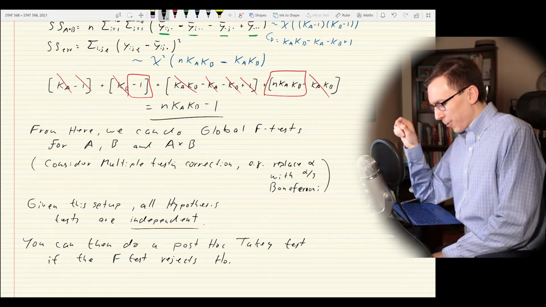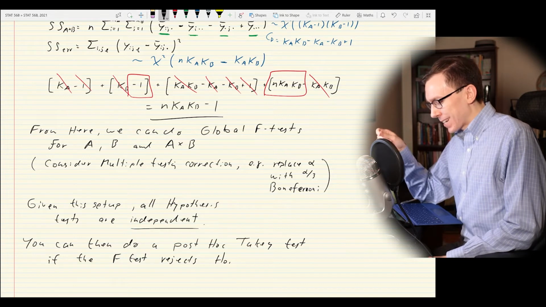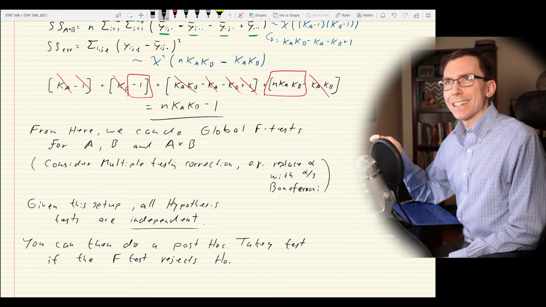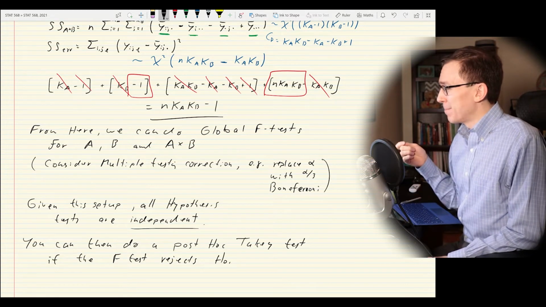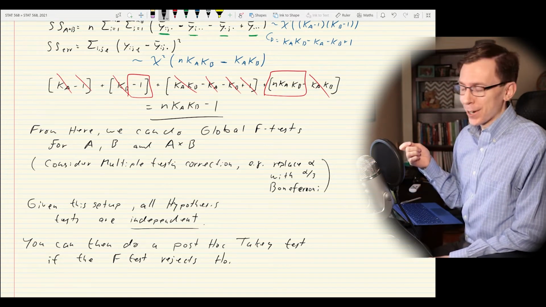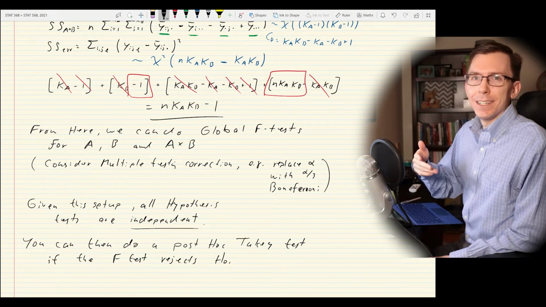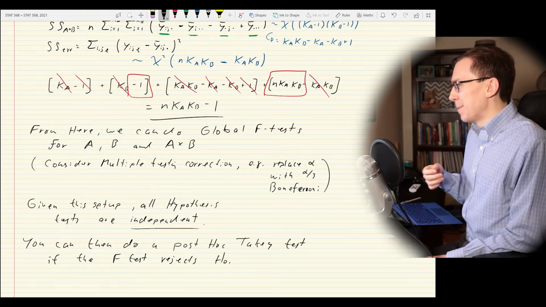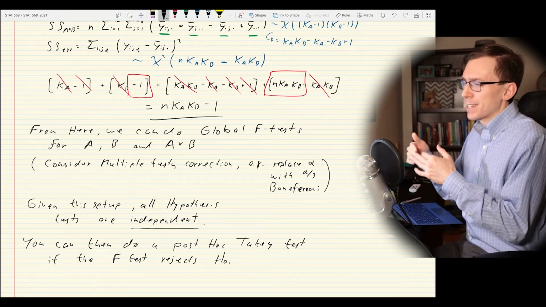Now, it's important that I emphasize that you have to reject the F-test first. Last year, which would have been, I guess, 2020, I put a question like that on the midterm and said, what do we see from this? What can we learn from this Tukey test? And most people said, oh, well, we see there's a difference in these categories.